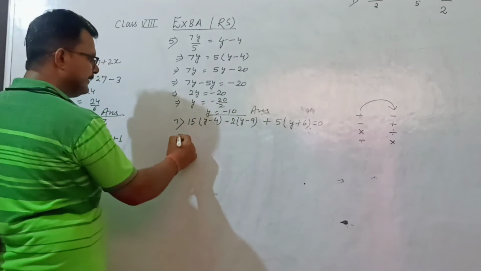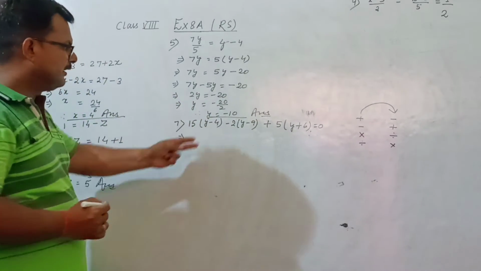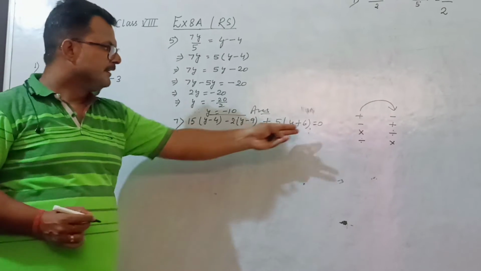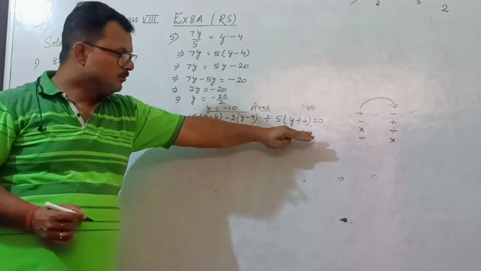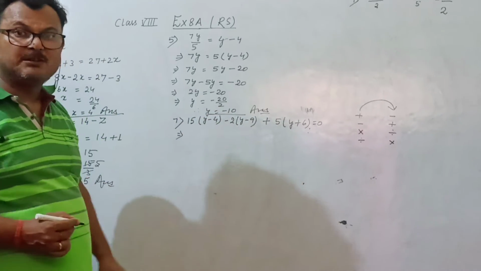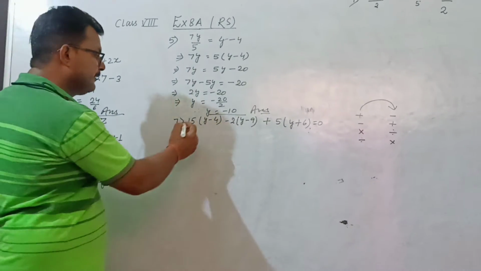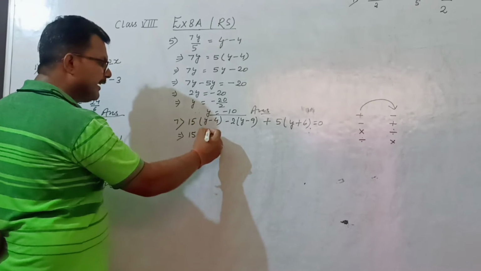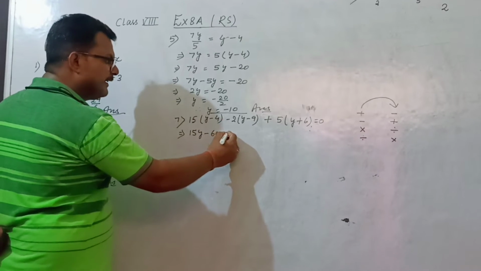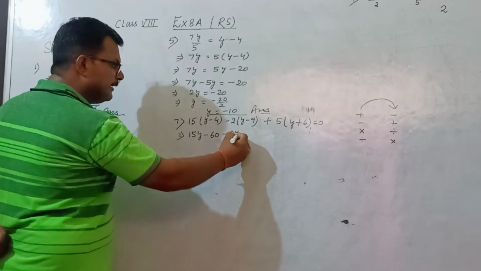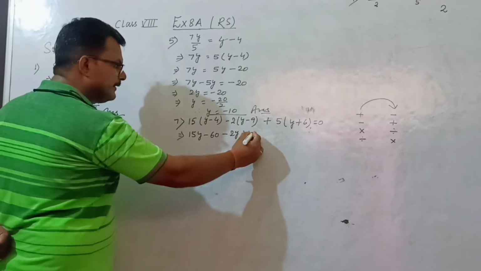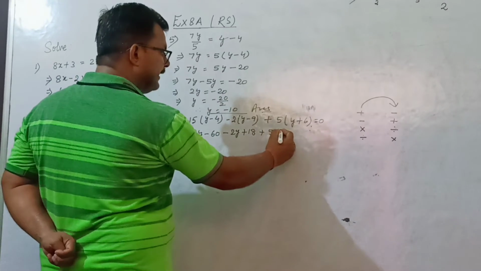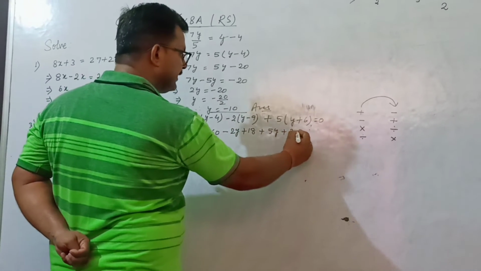Next, see, here you observe this is a binomial, this is a binomial, this is a binomial, and here the sign of equality is given. You firstly open the bracket. What you have to do? Open the bracket. So 15 into y, 15y, 15 fours, plus into minus, minus 60, minus 2 into y, minus 2y, minus into minus, plus, and here 5 into y, 5y, and here 5 sixes are 30.